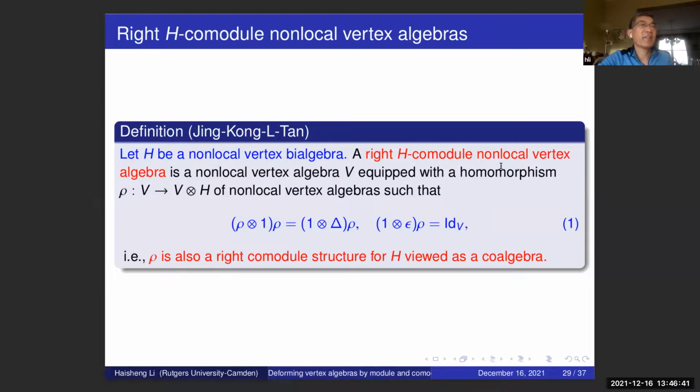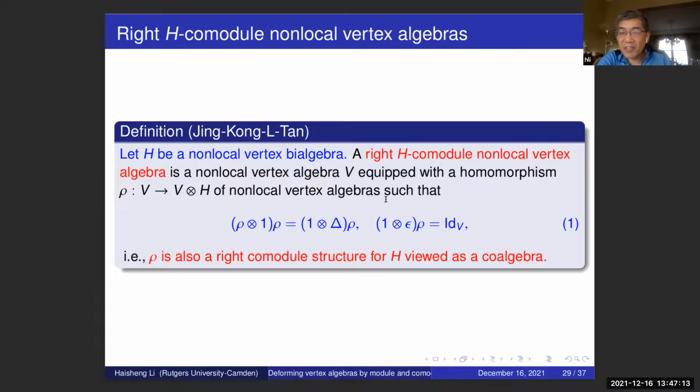Two parts: you have a non-local vertex algebra, which is also a right H co-module. The key thing is the right co-module structure, a map from V to V tensor H, as a co-module satisfying the conditions, equations 1 and 2, but we require this map to be a homomorphism of non-local vertex algebras.